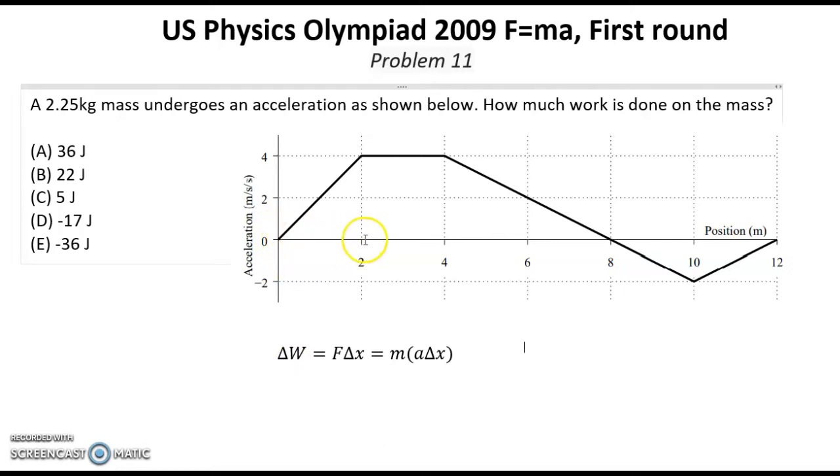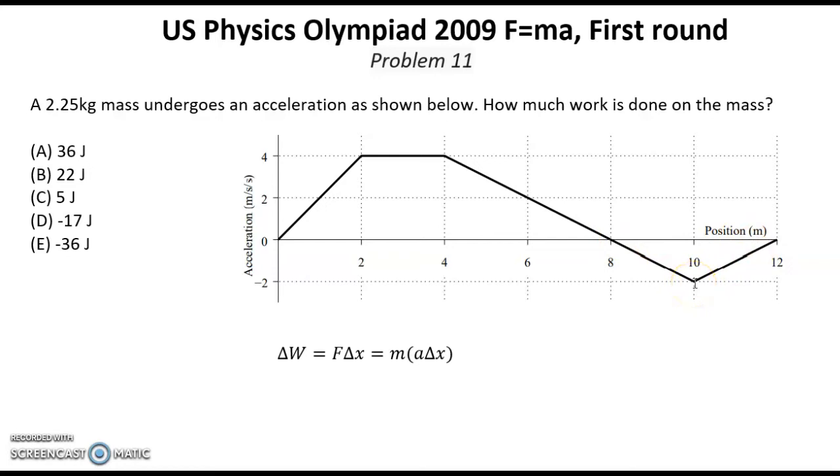From 0 to 2, that will be the area of this triangle, which is 4. After that, the area from 2 to 4, which is 8. And after that, the area of this triangle, which is 4 by 4 over 2, which is 8. So the total is 20. And here we have a negative area, the area of this triangle, that's 4.